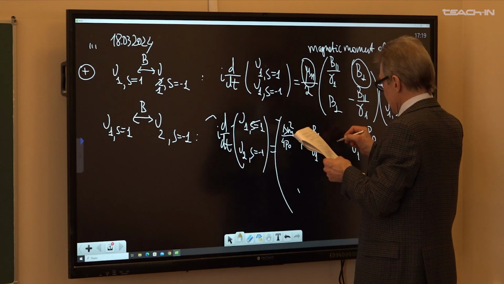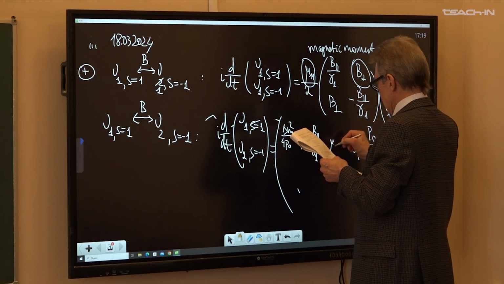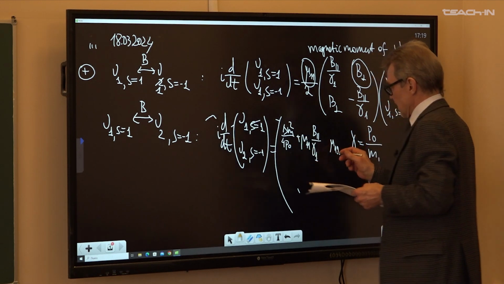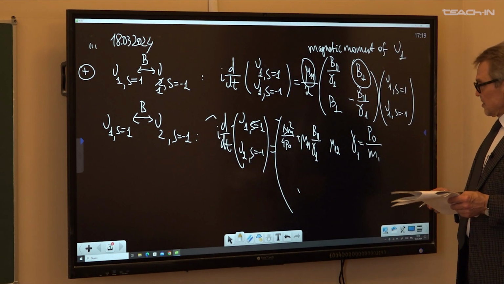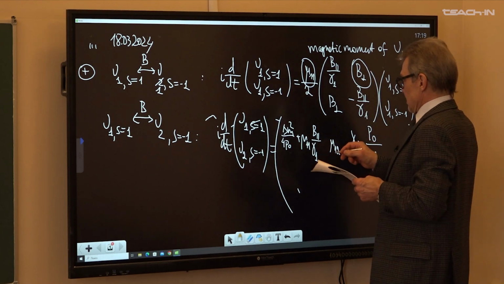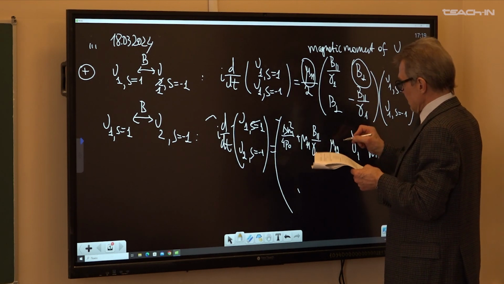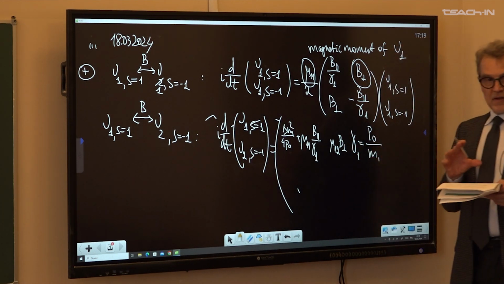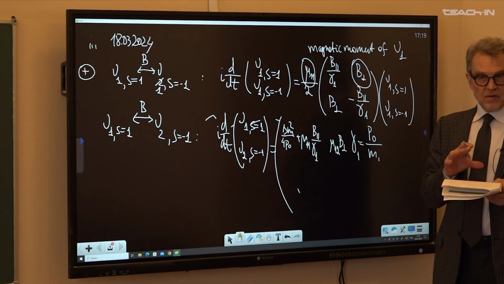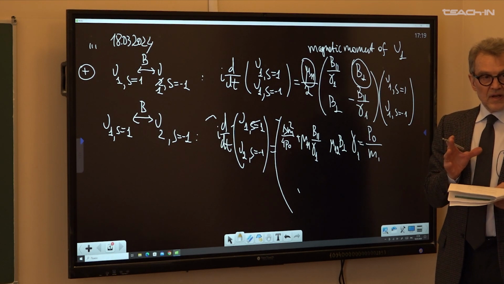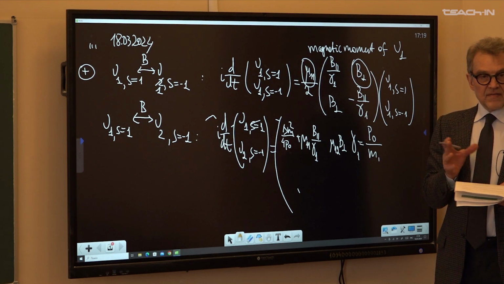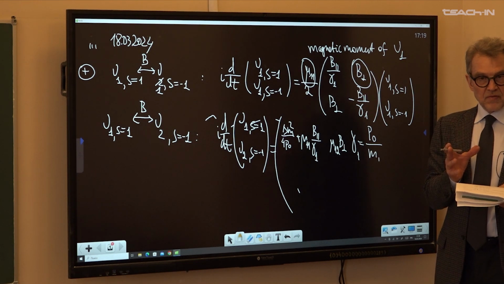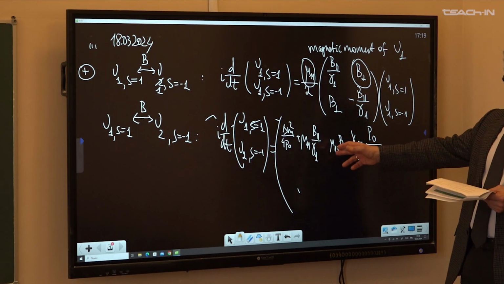Then the second term in the first line, this is the transition magnetic moment that couples neutrinos with different masses, and interaction of this magnetic moment with the transversal magnetic field produces the mixing between different mass states with different spin orientation of neutrinos. Yeah? This is the transition magnetic moment.